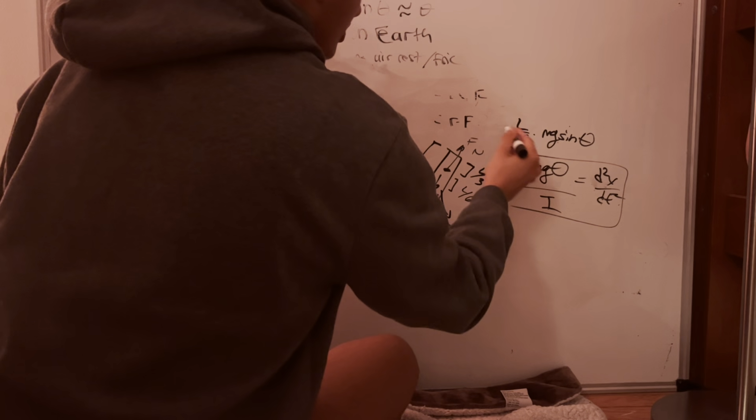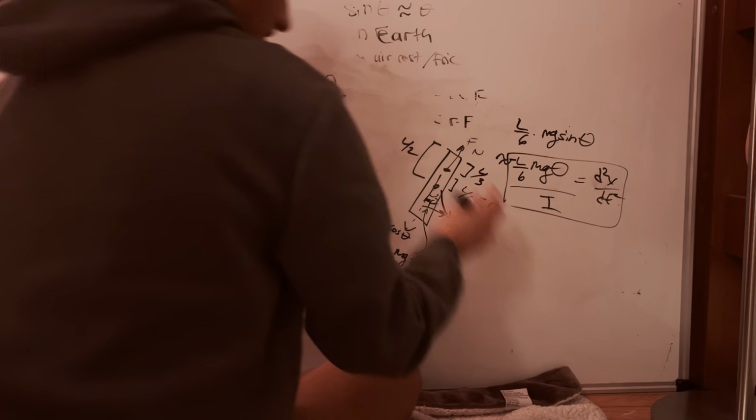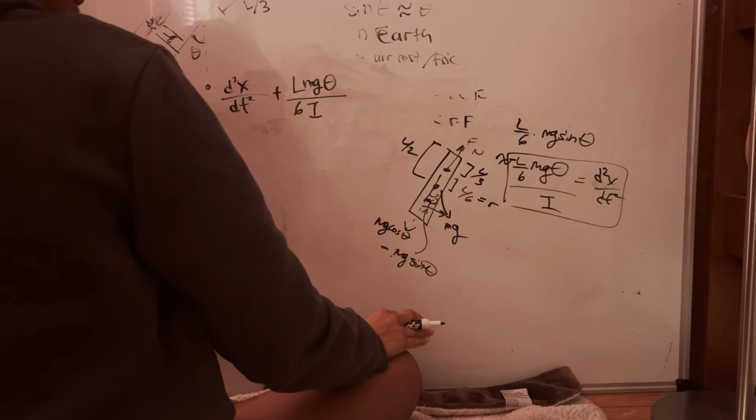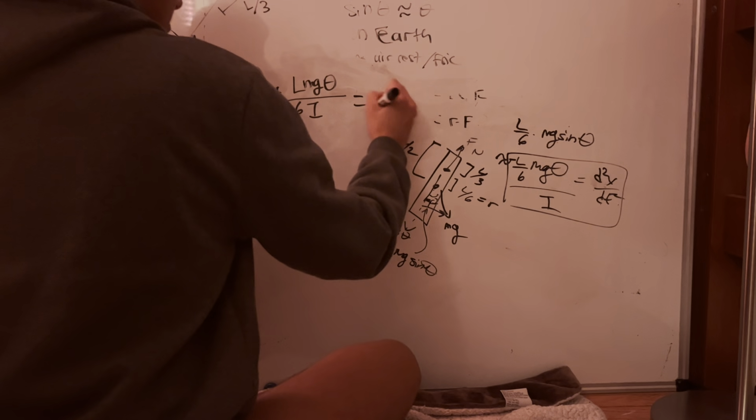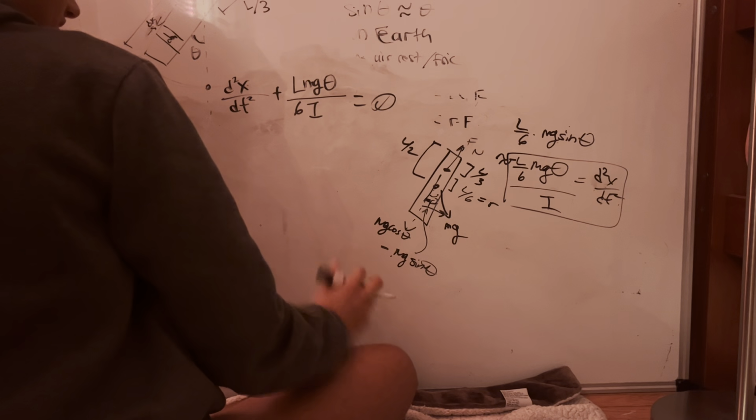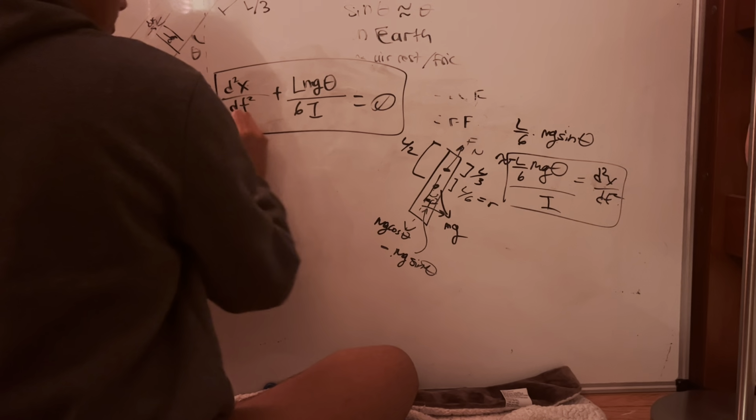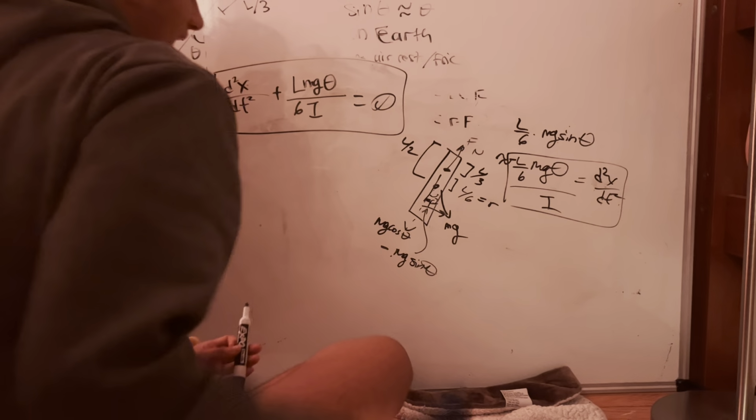And this should be negative over here because mg sine theta was supposed to be negative. And this is equal to 0. So this is our differential equation for part B.